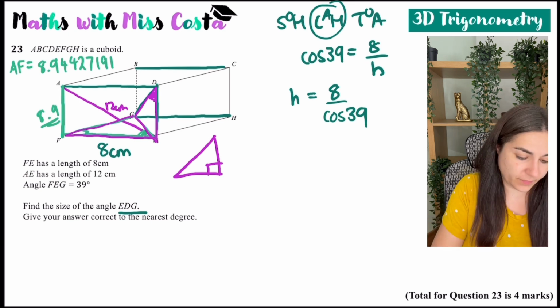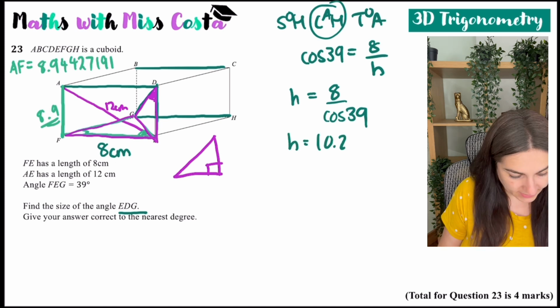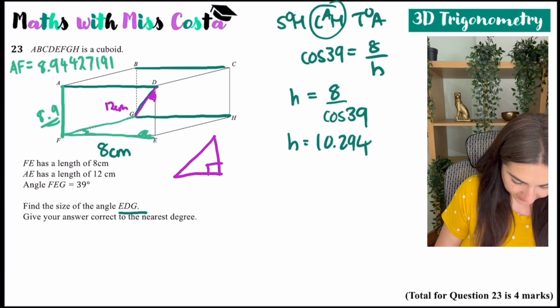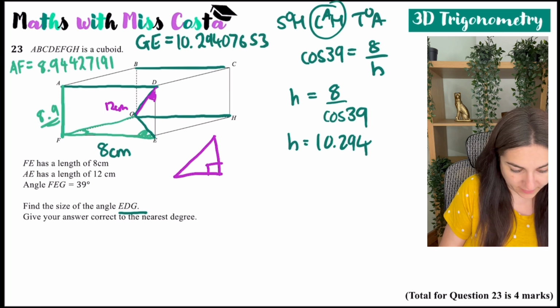So 8 divided by cos 39 equals 10.294. So I know that GE is 10.29407653.